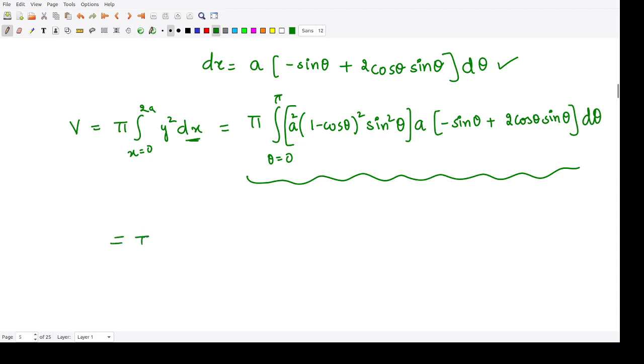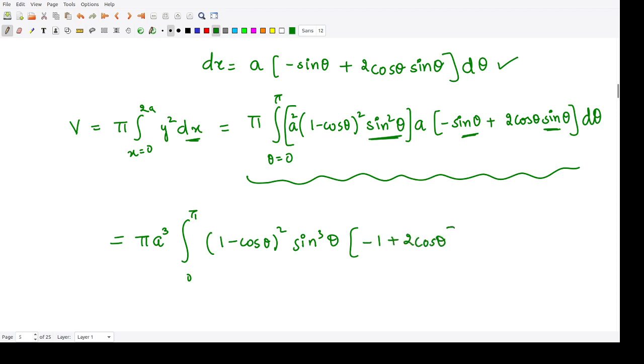We have pi a cube as constant, integrating from 0 to pi, the term (1 minus cos theta) square, and sine square theta. One sine theta can be taken common from these two terms, so I have sine cube theta, and then I am left with (minus 1 plus 2 cos theta) d theta.